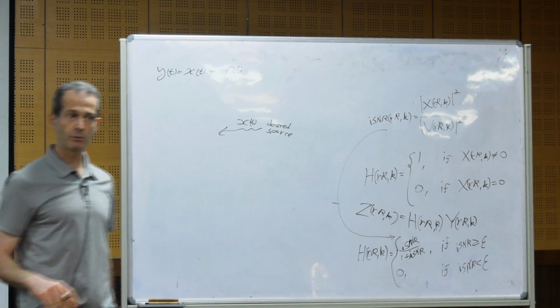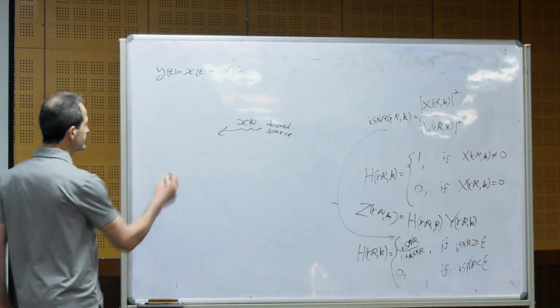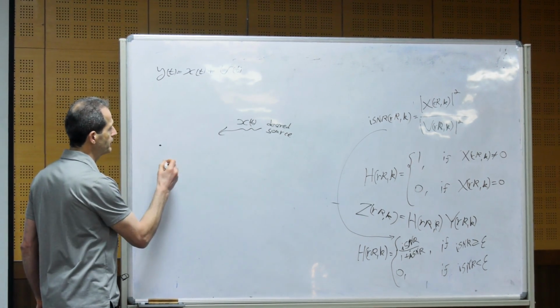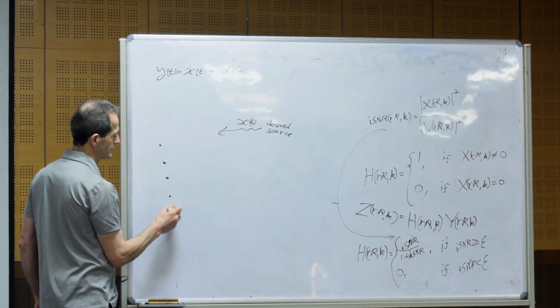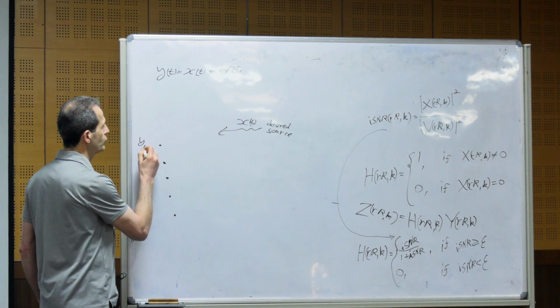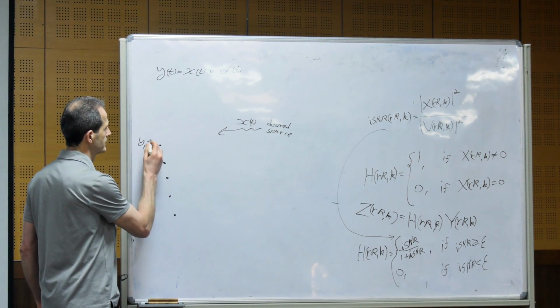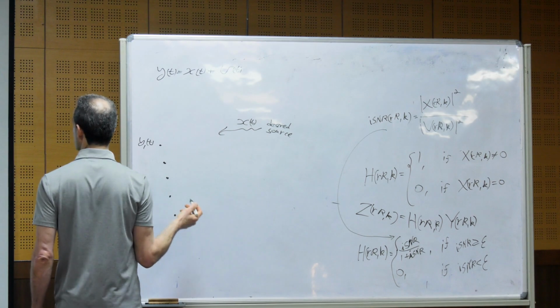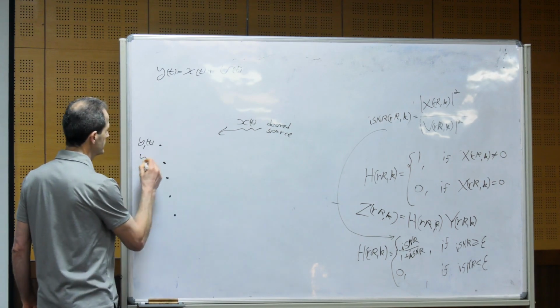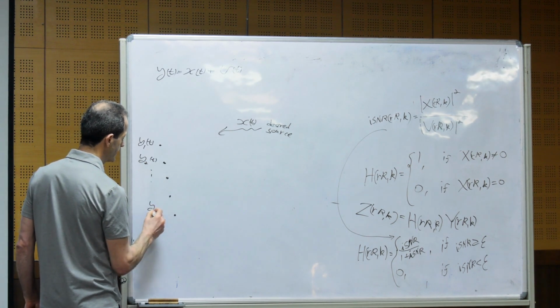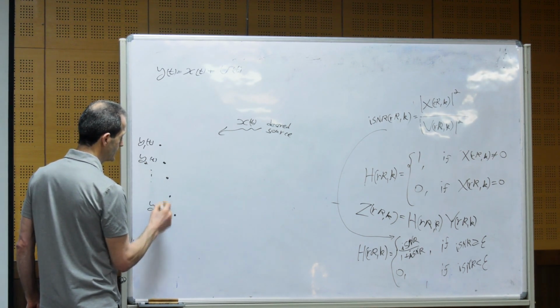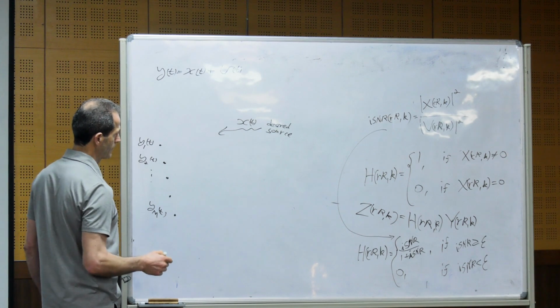This is the desired propagating wave, and it is measured by an array of sensors. So here we have y_1, y_2, until y_M. So we have M sensors.